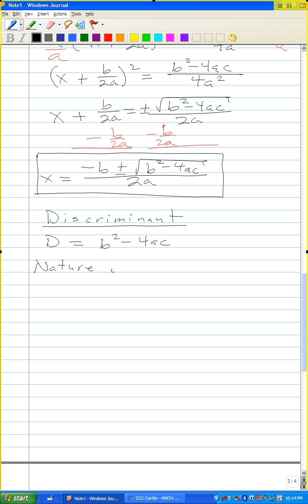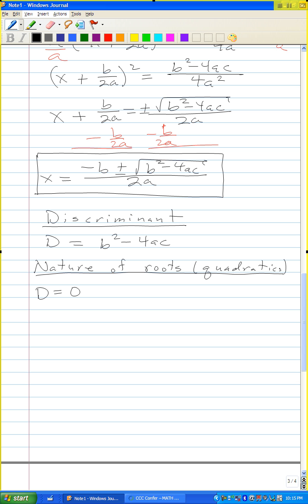Nature of roots. So this is for quadratics. So if the discriminant is 0, that means that you're adding and subtracting the square root of 0.